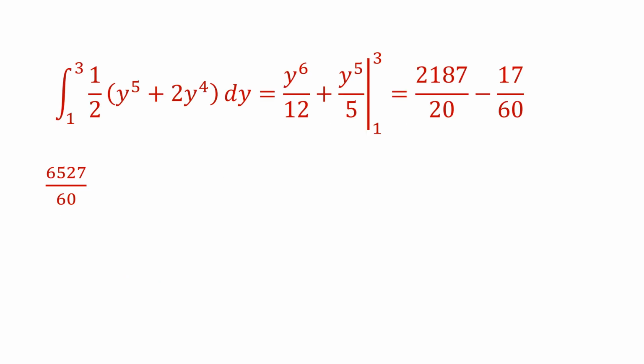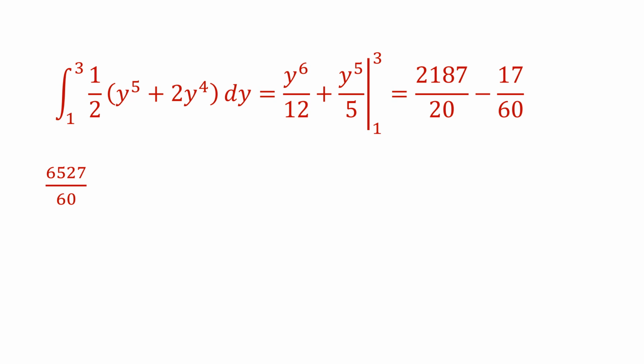So now I have a simple integral, 1 to 3 of 1/2 y to the 5th plus 2y to the 4th dy. Look at that as y to the n. So this is going to be 1/2 y to the 6th over 6. So the 1/2 and the 6th, that's going to give me a 12 denominator. 2 times 1/2 will cancel, and this will be y to the 5th, n plus 1 over half.